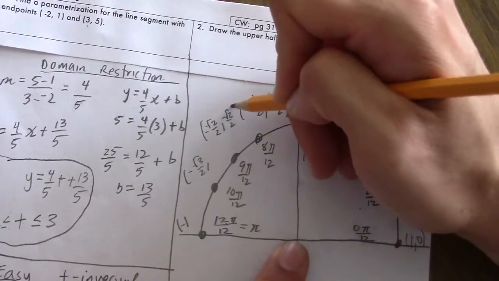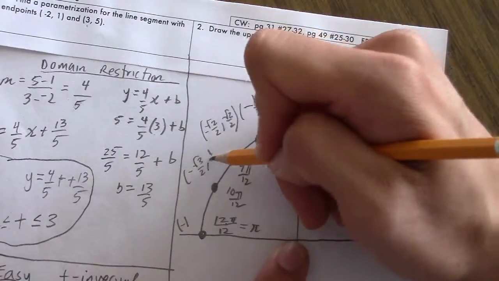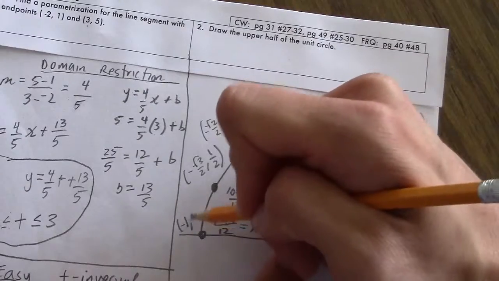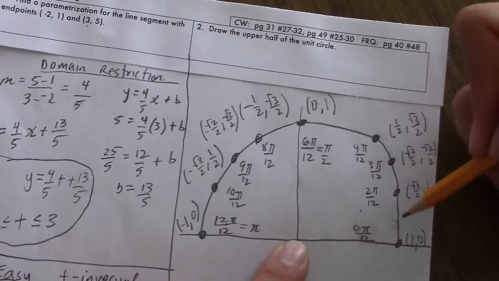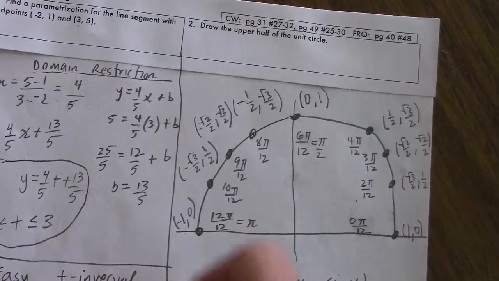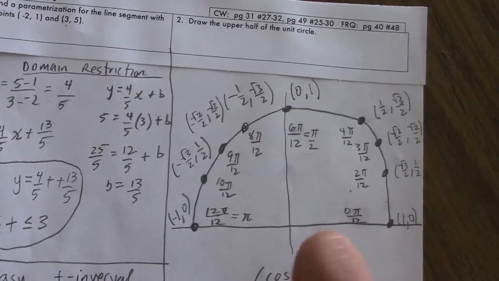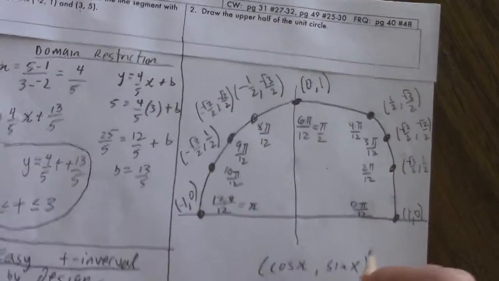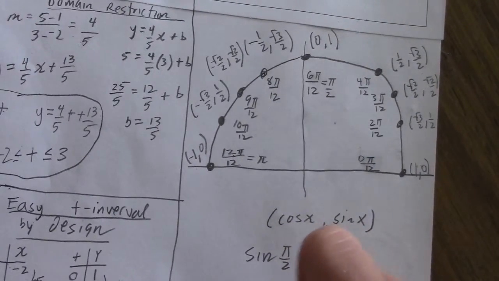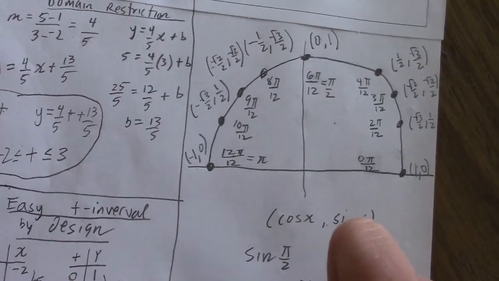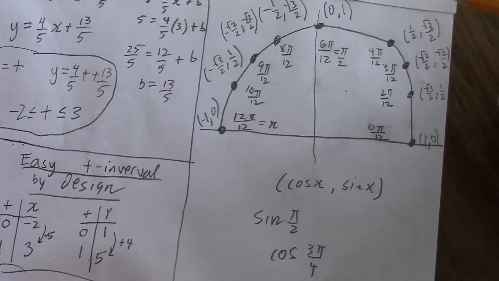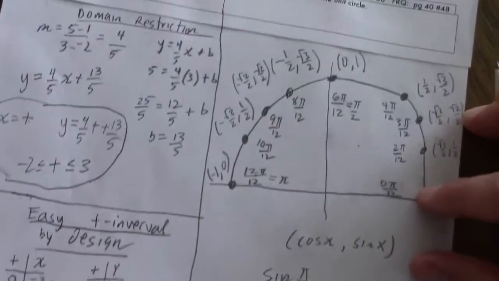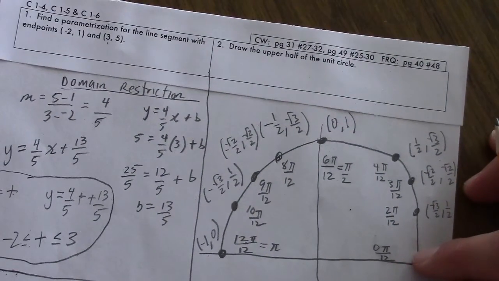Root 2 over 2. 1/2. And then 0. So now you've constructed this by memory, you could easily find the sine of pi over 2 or the cosine of 3 pi over 4 once you've simplified these all down. So you're now ready to work on these problems right here, and after this, review and then test. Enjoy.